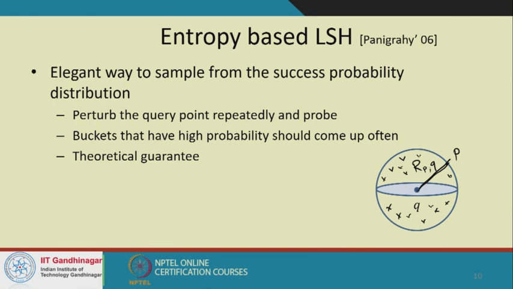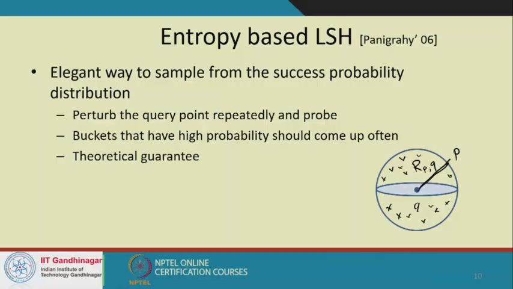And this is all happening in a single hash table. Then we take all the data points that these buckets have, and these are our candidates. So technically, even if you have only one hash table, you get to probe multiple buckets and consider their candidates. And Rina has a very nice theoretical guarantee on this entropy-based LSH. We won't go into the details of the theoretical guarantee, however.